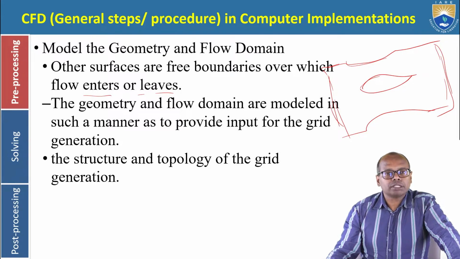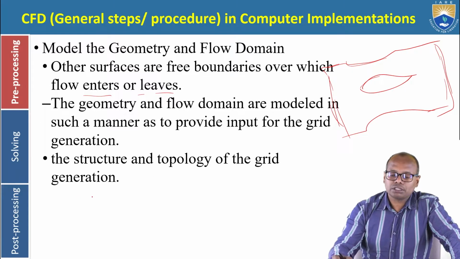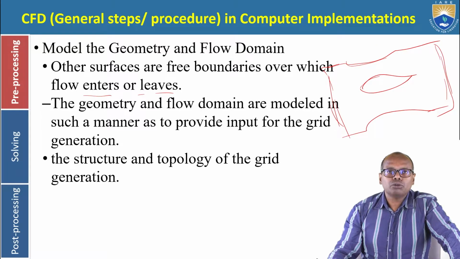Grid generation or mesh generation, all those are the same. So the structure and topology of the grid generation, this is the topology I have explained, all those things we have to fix.